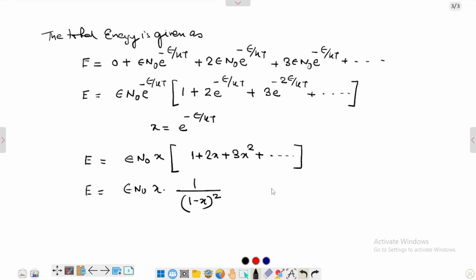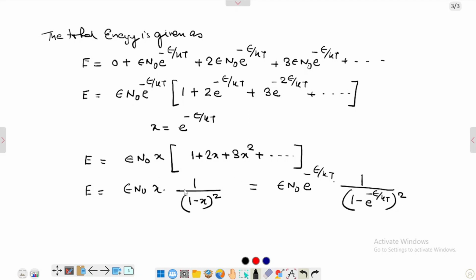Now if I plug the value of x here, I get epsilon N0 e to the power minus epsilon by kT, and I multiply by 1 minus e to the power minus epsilon by kT whole square in the denominator.